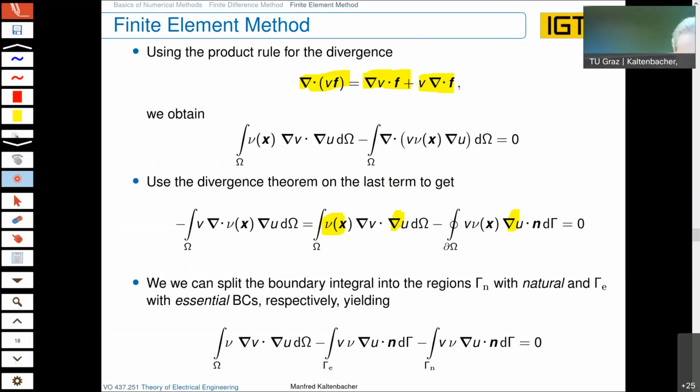And clearly what you also see here is we can now rewrite our surface term by a term over the Dirichlet boundary and a term over the Neumann boundary. And nicely, we will choose the test function to be 0 on the Dirichlet boundary. We are not interested in the solution of our unknown u on the Dirichlet boundary, we know it already.